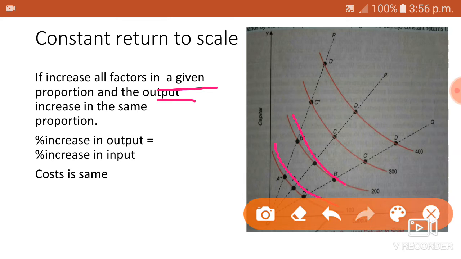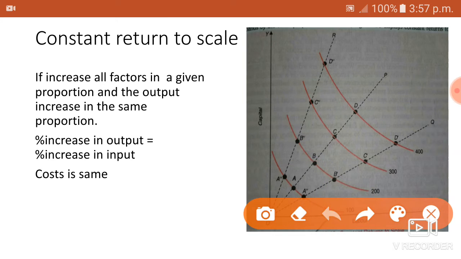We can see an isoquant map here, with many isoquants. On the first isoquant, 100 units of production are produced with 1 unit of labor and 1 unit of capital. When we increase the amount of labor and capital in the same proportion, capital amount of 2 and labor amount of 2, the production is 200.